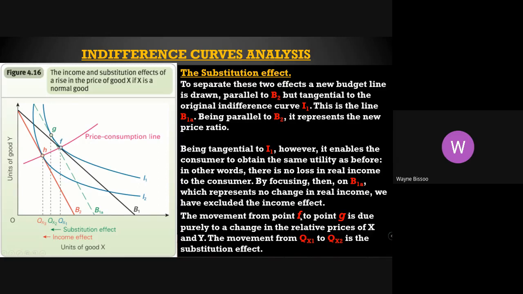The movement from point F to G is due purely to a change in the relative prices of X and Y, and the movement from QX1 to QX2 is what they call the substitution effect. Now, we'll have to explain why that happens.